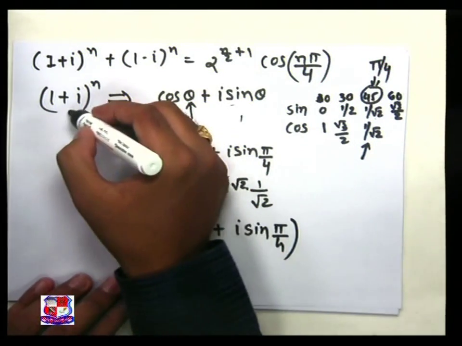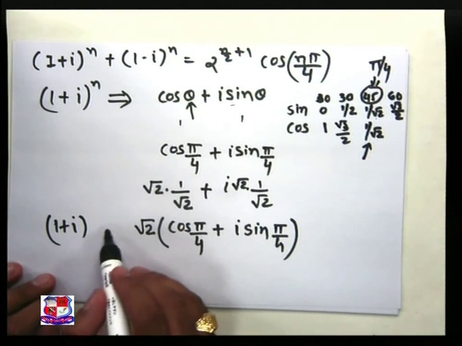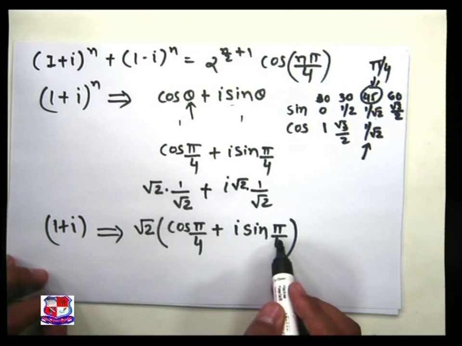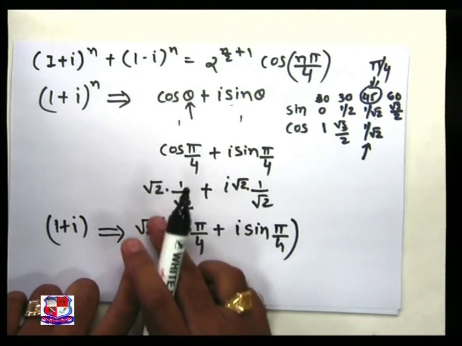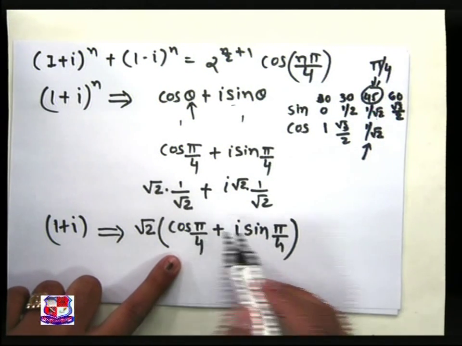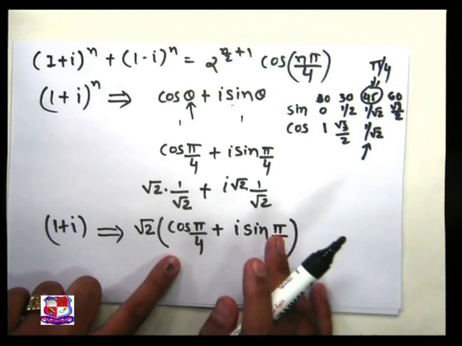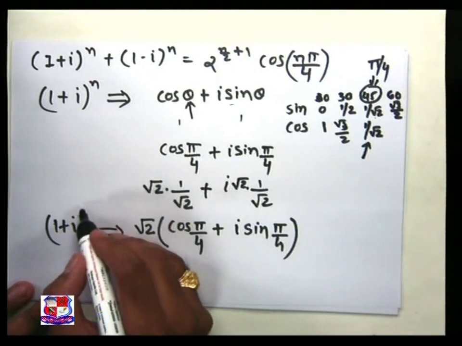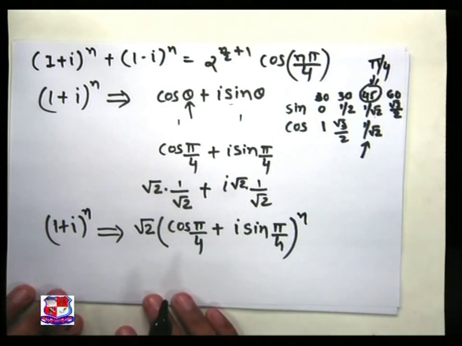So we can write 1 plus i in cos theta plus i sin theta form. Just check it in reverse: √2 times cos π/4, that is 1/√2, plus i sin π/4, that is 1/√2, multiplied by √2, the result is 1 plus i. So for (1 + i)^n, we raise to n.